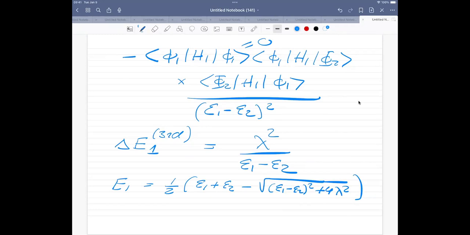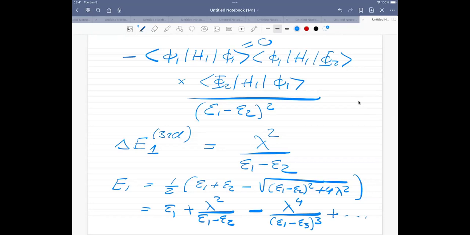If I do that, what I will get is an epsilon 1, pretty close to what we did earlier, plus lambda squared over epsilon 1 minus epsilon 2. And then I get a minus lambda to the power of 4 over epsilon 1 minus epsilon 2 cubed. And this is an alternating series.